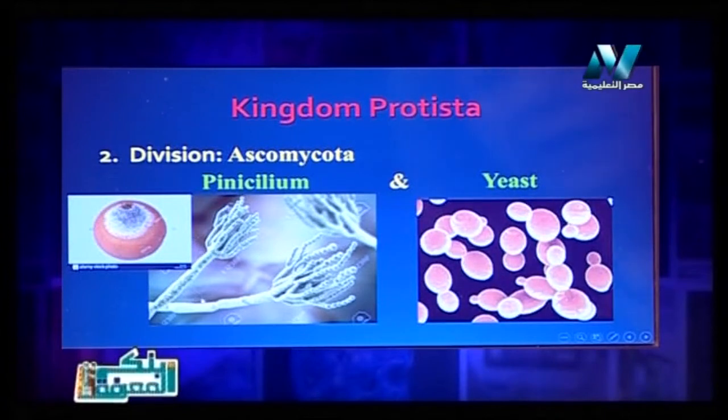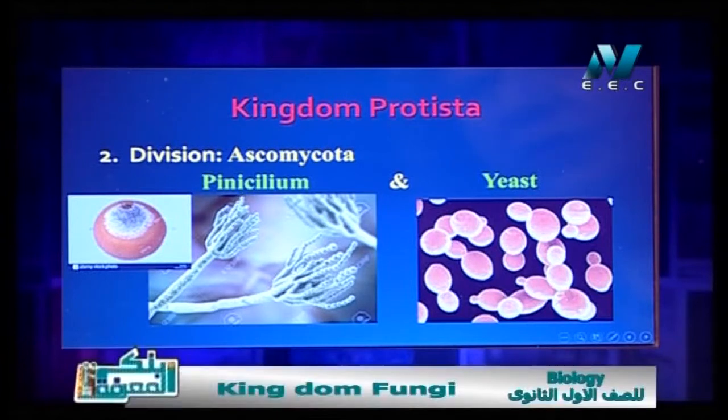So the mycelium here grows on the orange or lemon. And you can notice that the mycelium here in penicillium is divided into segments. So they have septa. The septum is that wall that divides or separates between 2 cells. This is not present in the bread mold. So some of these fungi or some of the mycelia have septa, or are septate, and others are not septate.